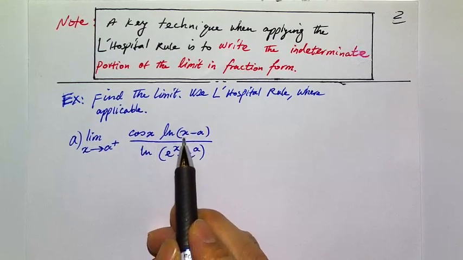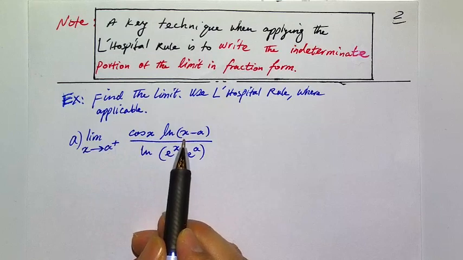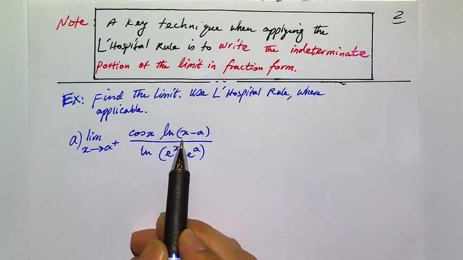But if you take a look at the other pieces, the natural log of x minus a, for example, for sure we're going to end up with something that is negative infinity, right? We will have some number here in the argument of the natural log, which is very, very close to zero.